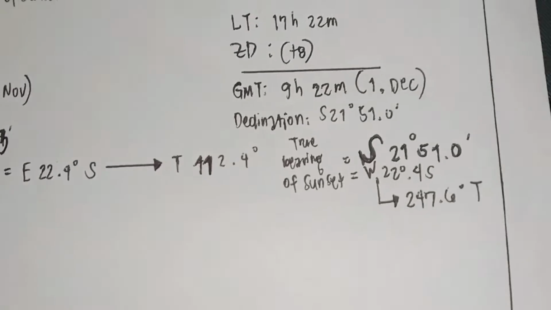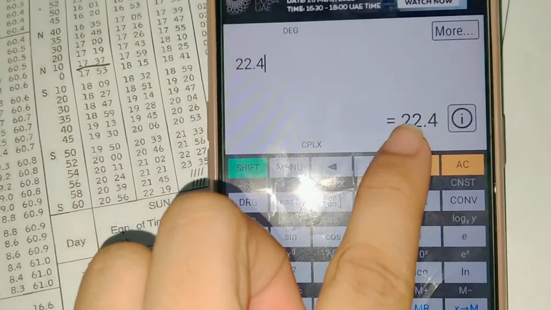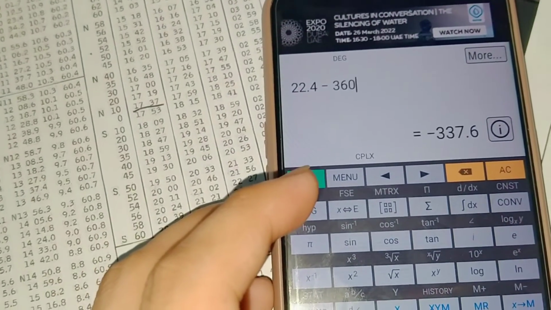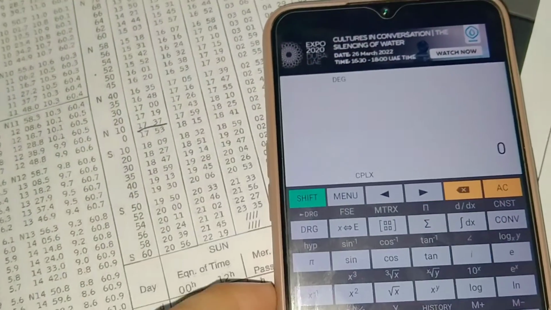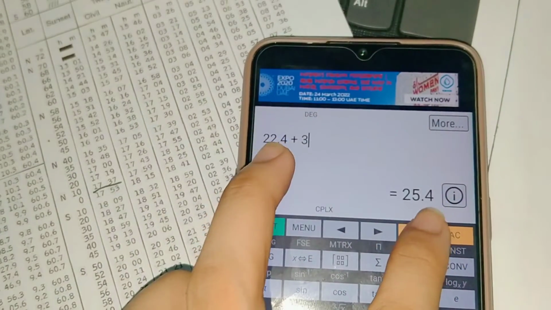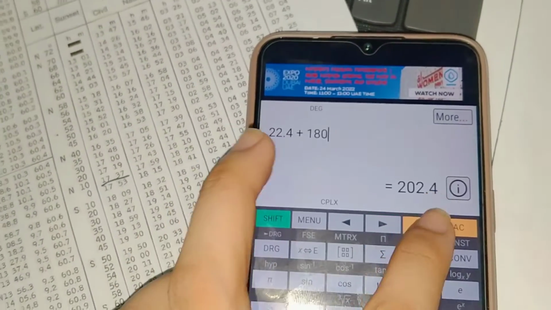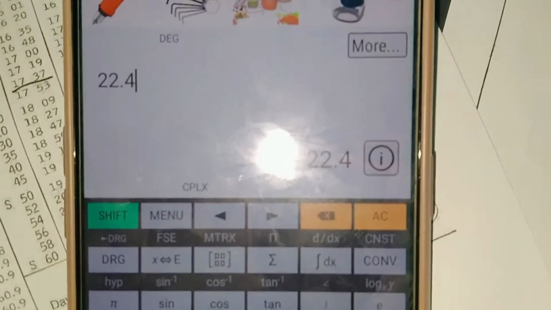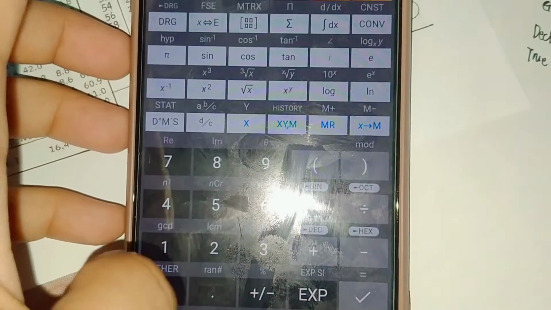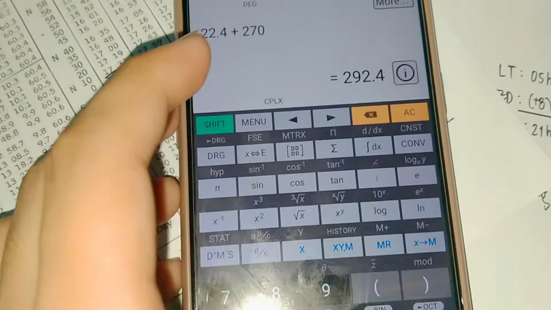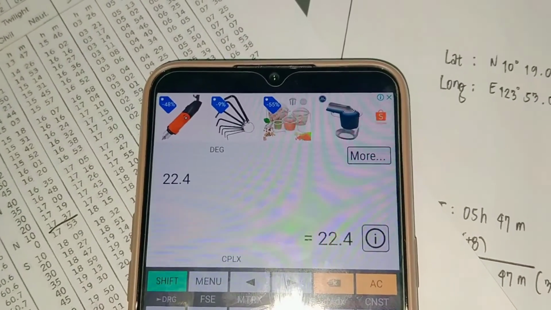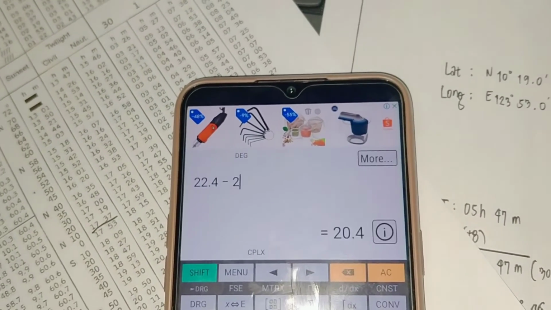And then if we would calculate it to get the true bearing, we will take 270 and subtract 22.4.